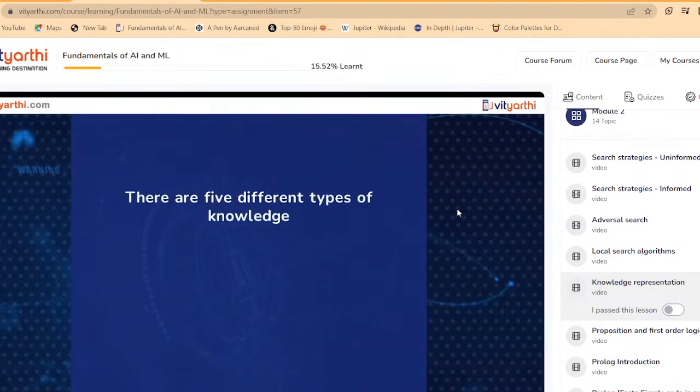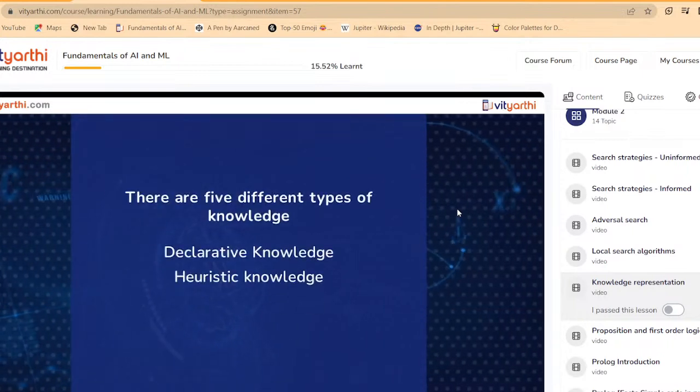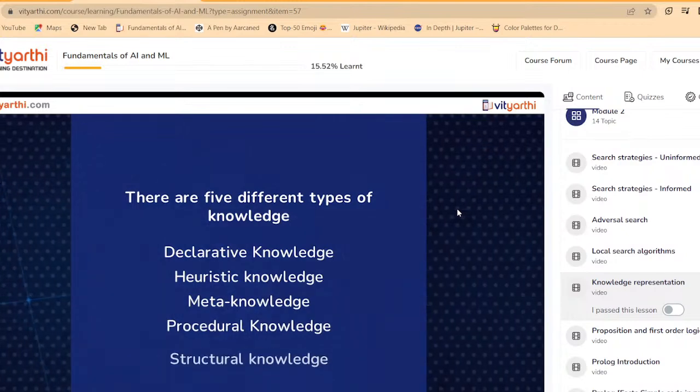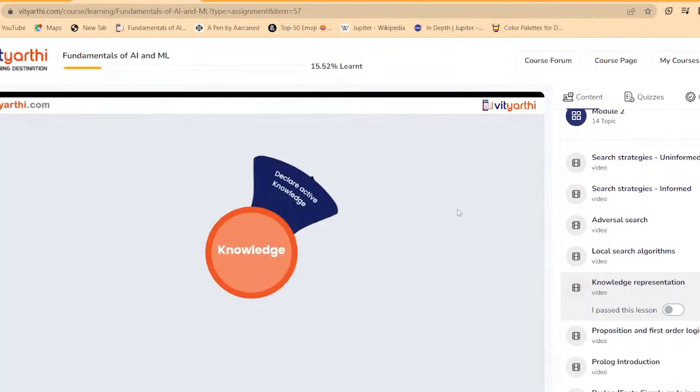There are 5 different types of knowledge: declarative knowledge, heuristic knowledge, meta knowledge, procedural knowledge, and structural knowledge.